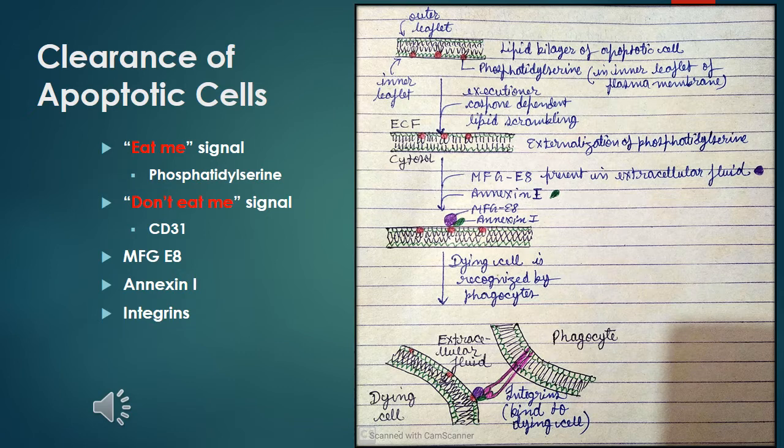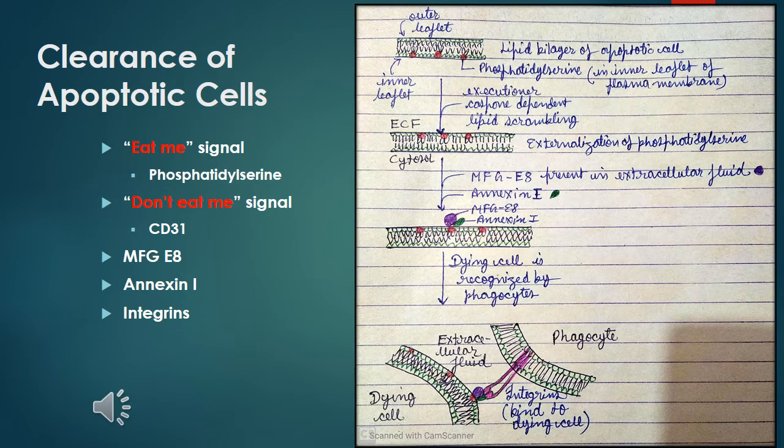signals. So what are eat me signals? Eat me signal involves externalization of a phospholipid called phosphatidylserine to the outer leaflet of the cell membrane. In normal condition, phosphatidylserine is present in the inner leaflet of the cell membrane. The externalization of phosphatidylserine occurs when enzymes like ATP-dependent flippases and scramblase are activated during the process of apoptosis.